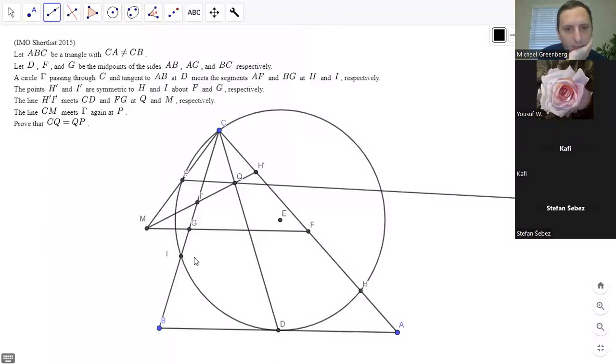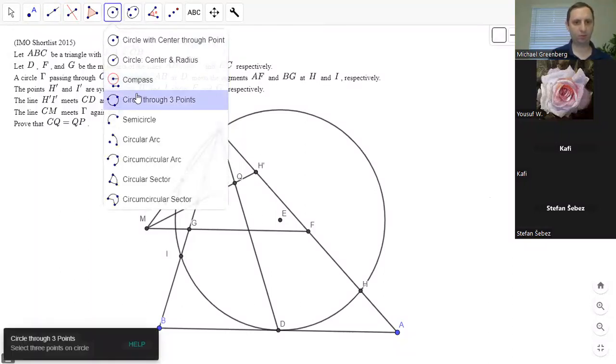This isn't an angle bisector, but yeah, it's a good problem. So let's see. What can we find?